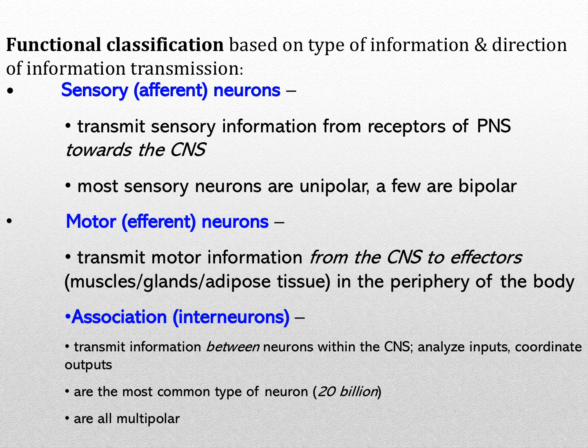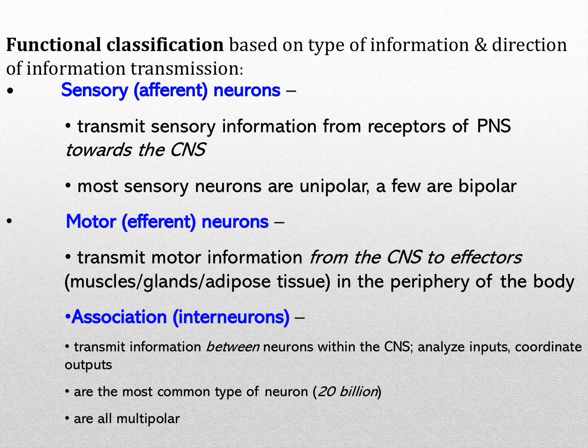The motor neuron, efferent, transmits motor information from the central nervous system to effectors. An effector is a muscle, gland, or adipose tissue in the periphery of the body. Remember, the motor neuron is a multipolar neuron. And then we have the association or interneuron.